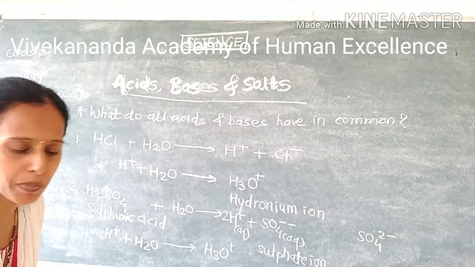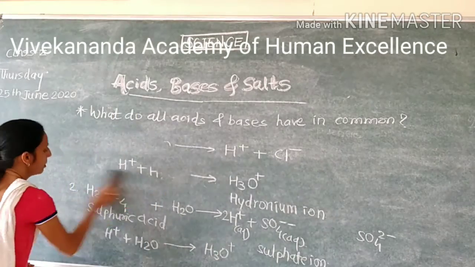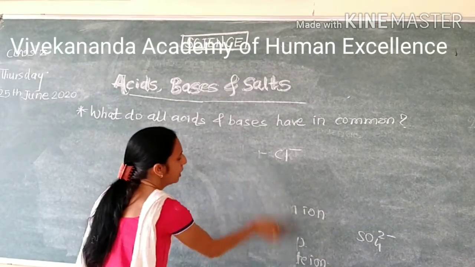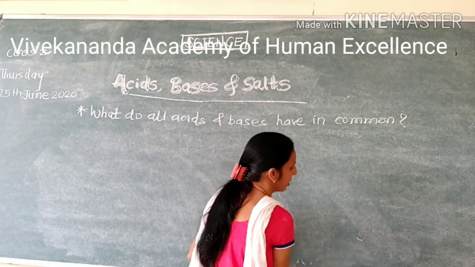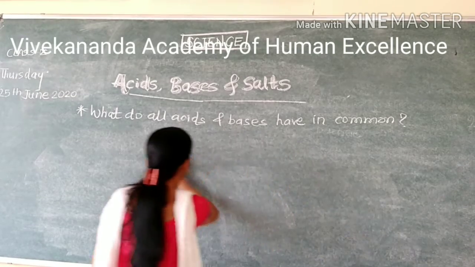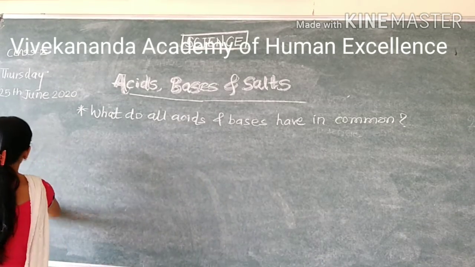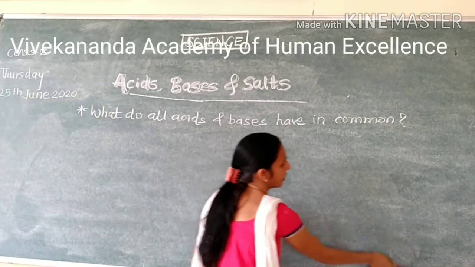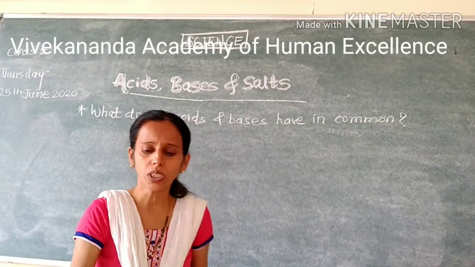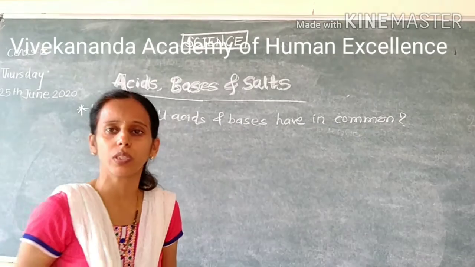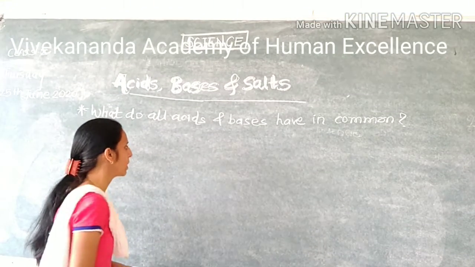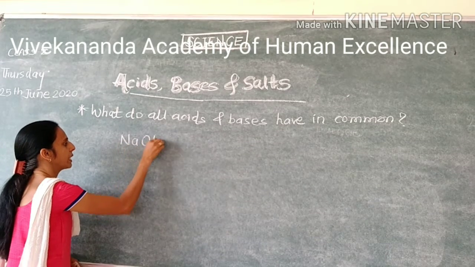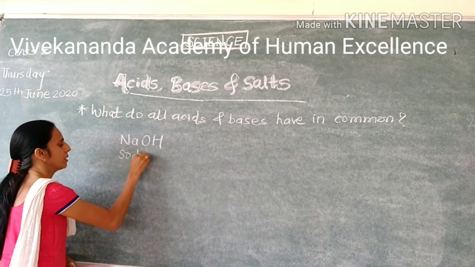Same thing for the bases also. When bases are added into the water, there is also separation of the ions. Two ions, positive ions and negative ions, get separated in its aqueous solution. Aqueous means what? Solution of any substance in the water is called aqueous solution. Suppose the base sodium hydroxide, formula NaOH.